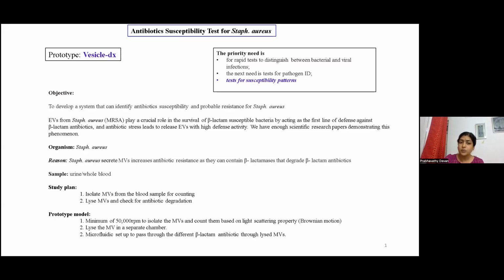Hence, they provide a survival advantage. The samples we can use may be urine and whole blood. As for the approach, we need to isolate these membrane vesicles secreted by the bacteria. The principle behind the whole approach is that when Staph aureus is exposed to a stress, it is going to release or secrete these membrane vesicles.